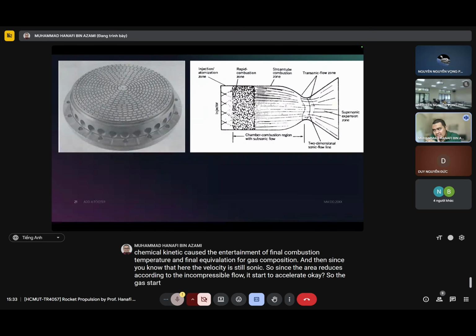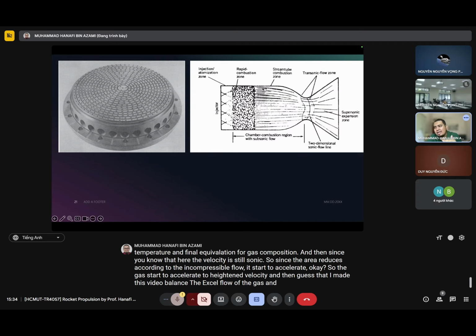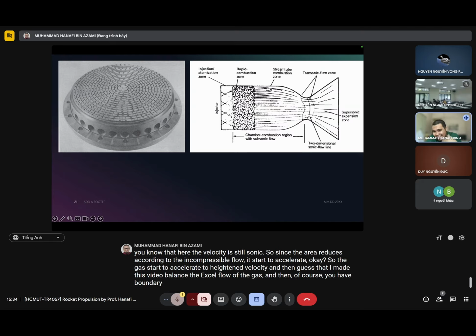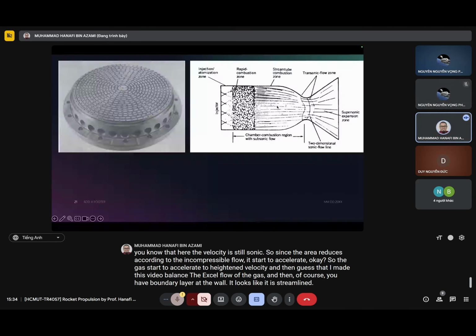So the gas starts to accelerate to high chamber velocity, and gas dynamics displays turbulence, increasing the axial flow of the gas. And of course you have a boundary layer at the wall. It looks like it is streamlined.